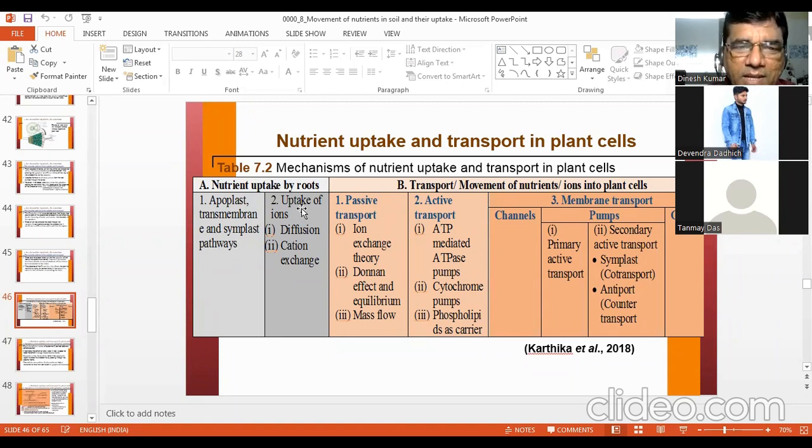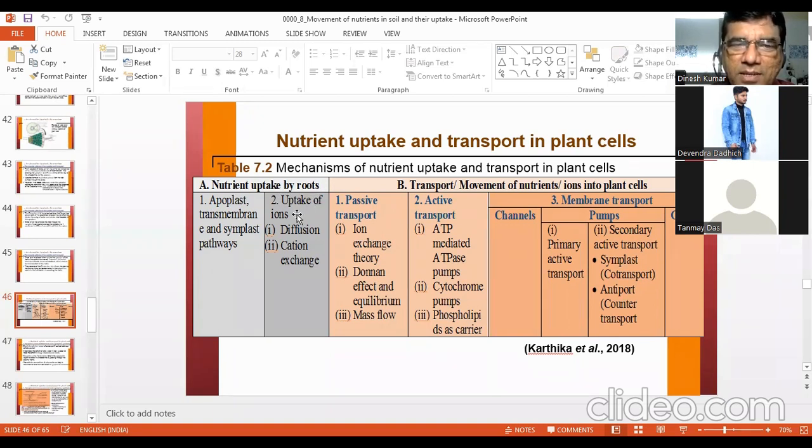Then uptake of ions by diffusion or by cation exchange. This is already discussed in movement of nutrients to the plant root, how they move to the plant root. So that is also part of nutrient uptake by roots.